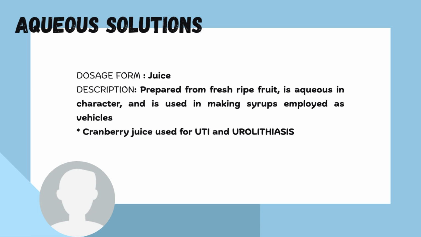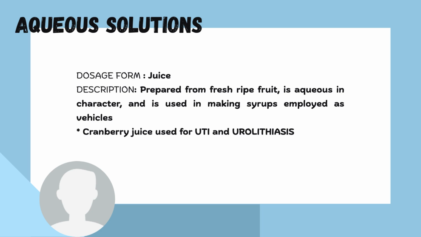Like let's say for example cranberry juice. It is used for treatment or prevention of urinary tract infections or UTI and urolithiasis or the kidney stones because cranberry helps make the urine more acidic, preventing bacterial growth and stone formation.